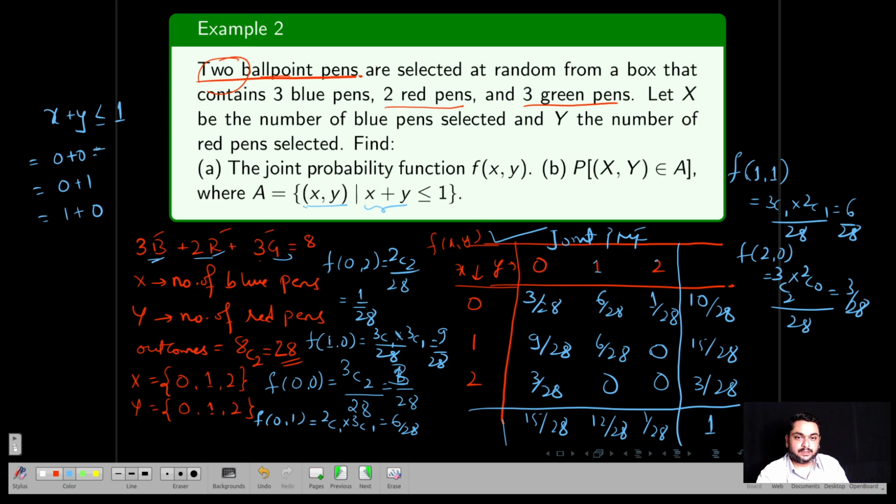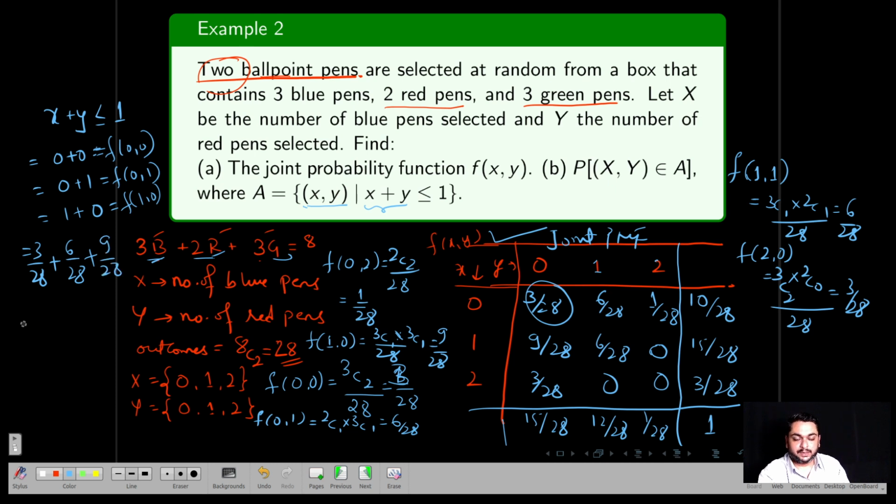So for this, you find those functions. This is nothing but f of 0, comma 0. This you have already got. What is f of 0, comma 0? 3 by 28. That is equal to 3 by 28 plus f of 0, comma 1, which is 6 by 28. Then f of 1, comma 0, which is 9 by 28.